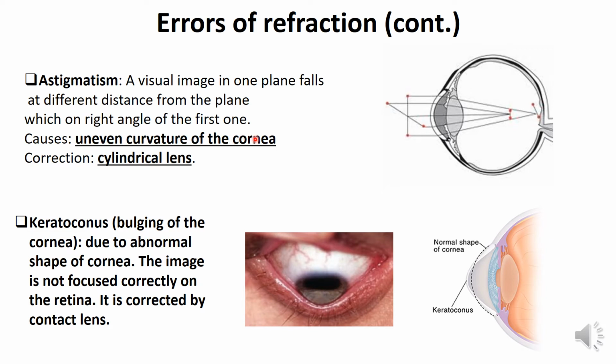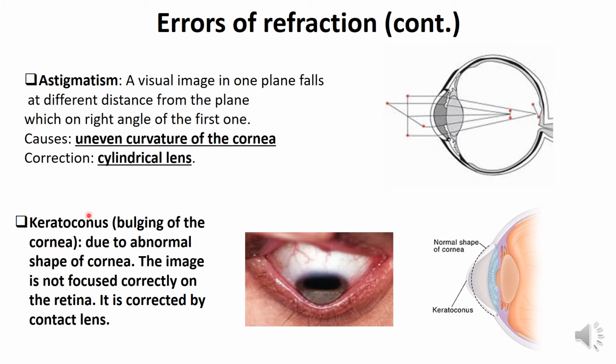And this unevenness leads to falling of different planes of the image on different distances, and the image will become blurred. We can't see it correctly. The correction of this error can be done by using cylindrical lens. The astigmatism is very common.